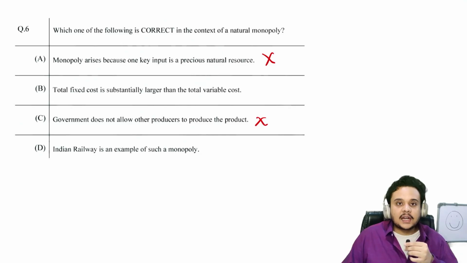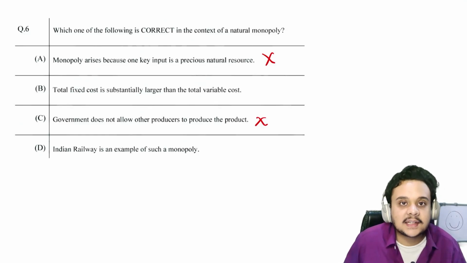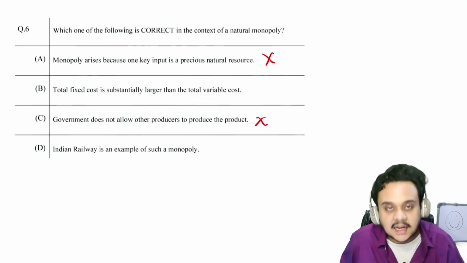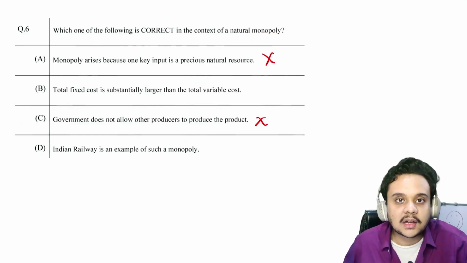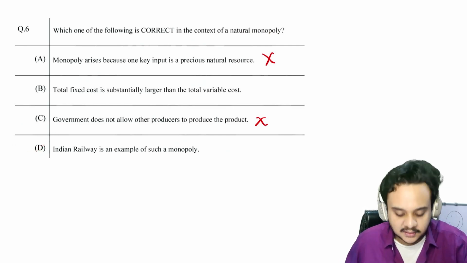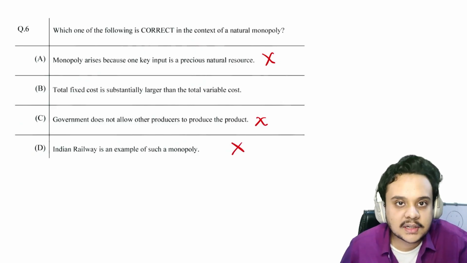But here we are talking in the objective sense, okay? Because when I also appeared, I just saw that Indian Railway was mentioned in the natural monopoly question, and I wanted to save time. I was actually running low on time, so without seeing any further, I chose this option. But in the end this was actually incorrect, because I didn't even read the second option, and that was my mistake.